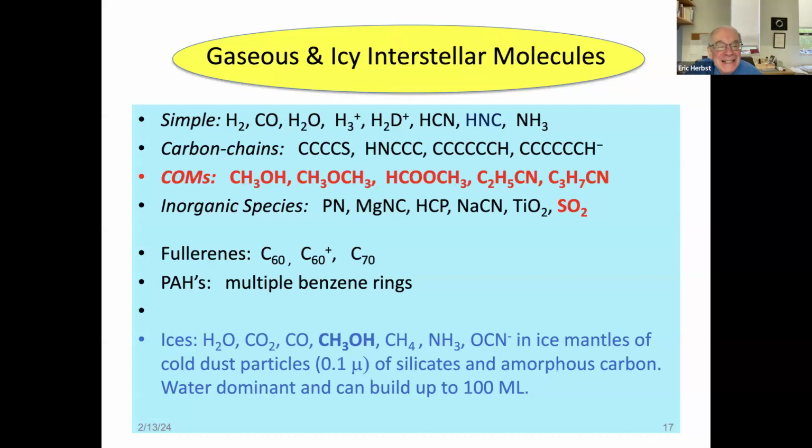So anyway, here's how I do it. I just pick groups of molecules that are similar, and then only a few of the more important ones. So I start off with molecules in the gas, because there are many more in the gas than on the surfaces of dust particles.